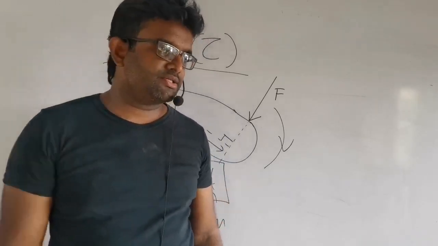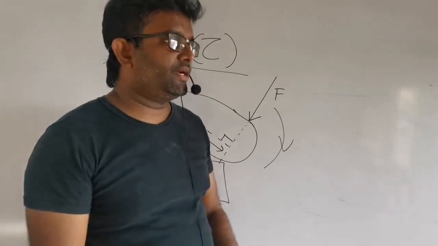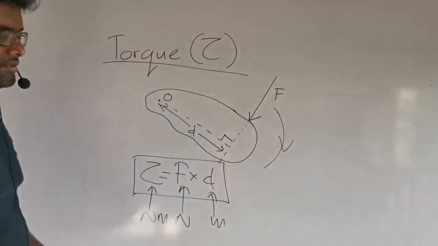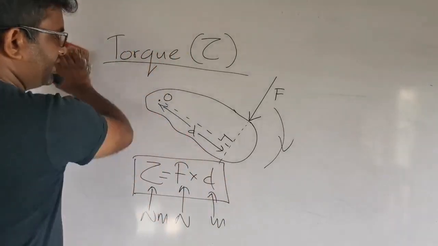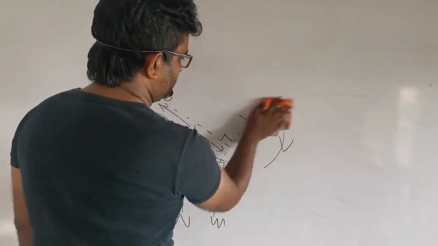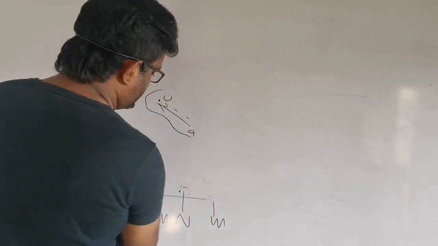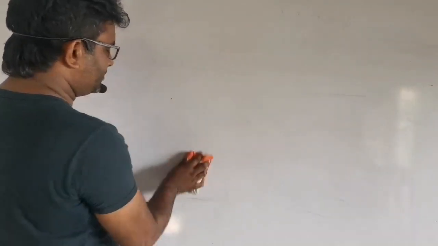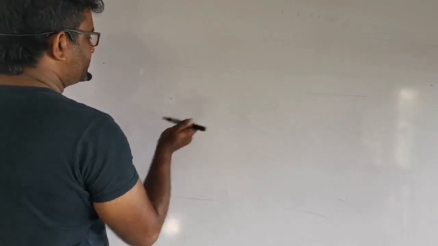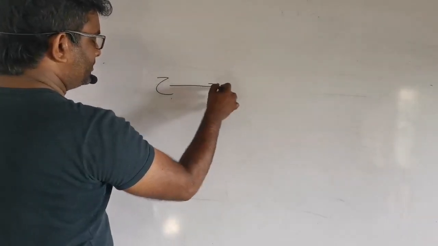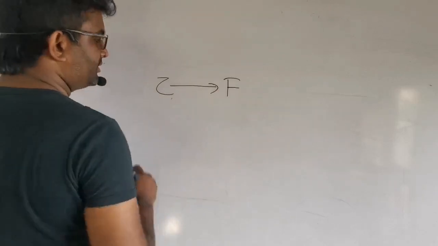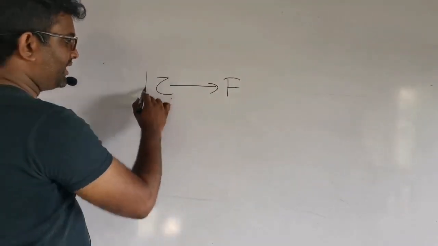Within brackets, write down clockwise or anti-clockwise. Right. So this is also a new quantity. Then that torque is related to F in linear motion. Right. So highlight that also.